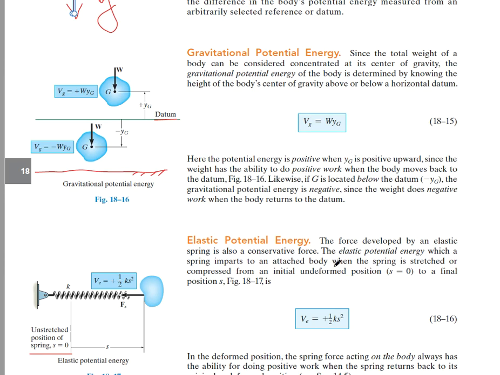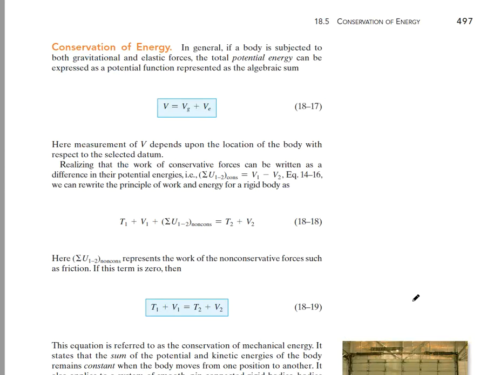Okay, so conservation of energy. The total energy of a body is the gravitational plus elastic potential. There are other conservative forces. By the way, what's a conservative force? Gravity is one and elastic force is another.